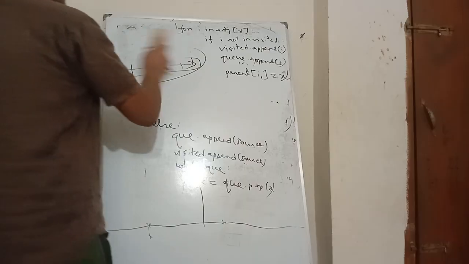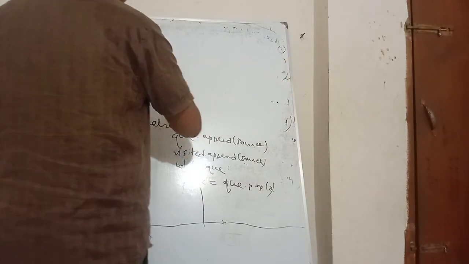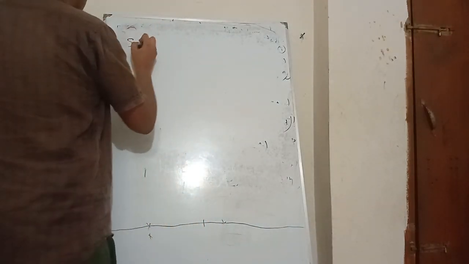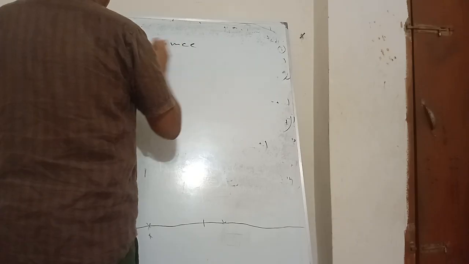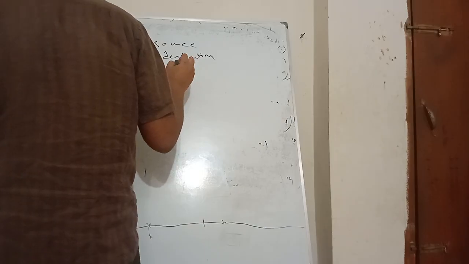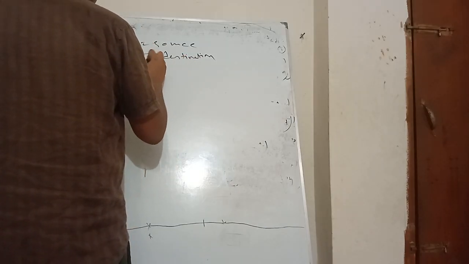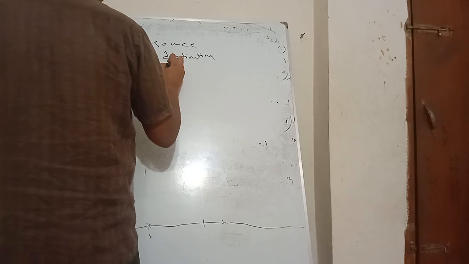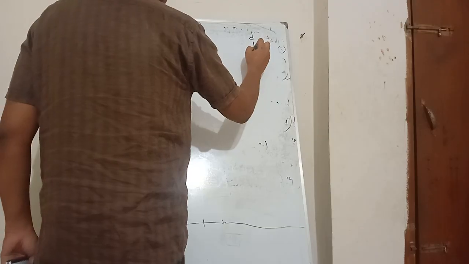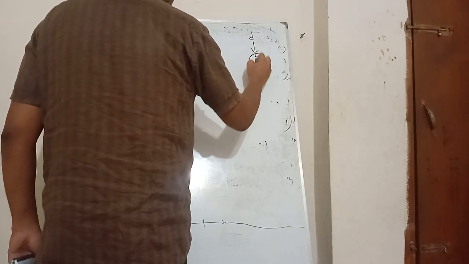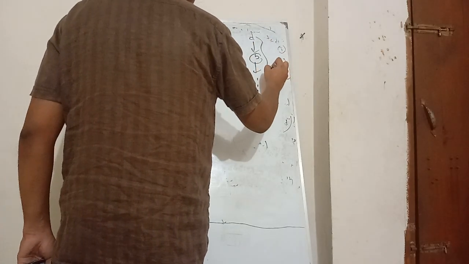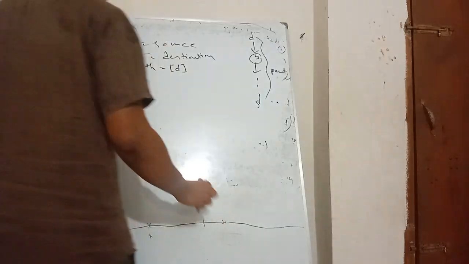We got visited and parent. Now source, destination, path equals D. What is the destination? We travel from D by its parent, then this parent to source by using the parent dictionary.